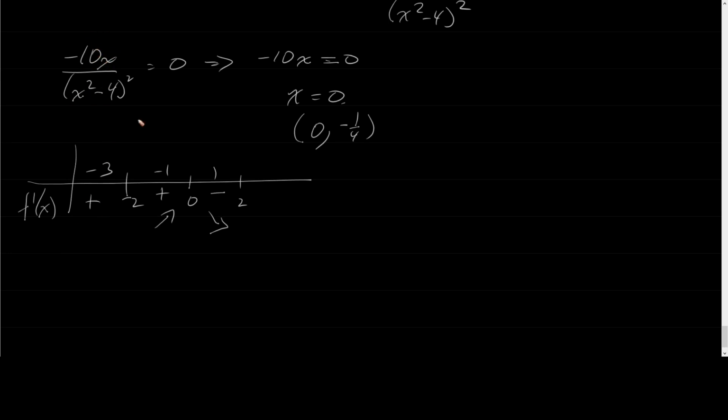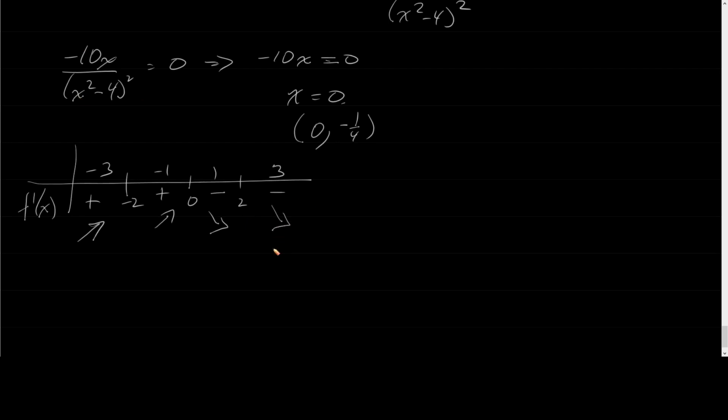On the bottom, again, we already said that it's always positive. So increasing. To the right of 2, so something like positive 3, negative 10 times 3 is negative 30, so we have negative. The bottom's always positive. So decreasing.